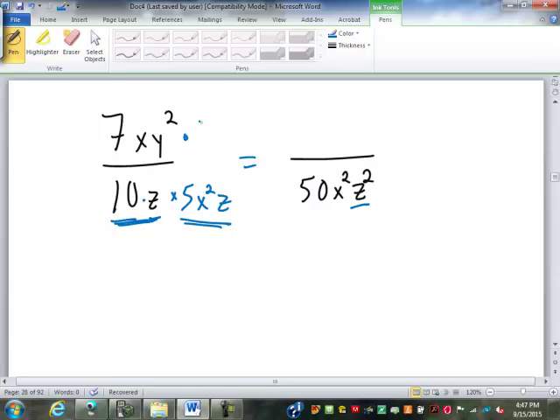So the top has to get multiplied by 5x squared z. 7 times 5 is 35. X times x squared, x to the third. Y squared doesn't change, and the z doesn't change.